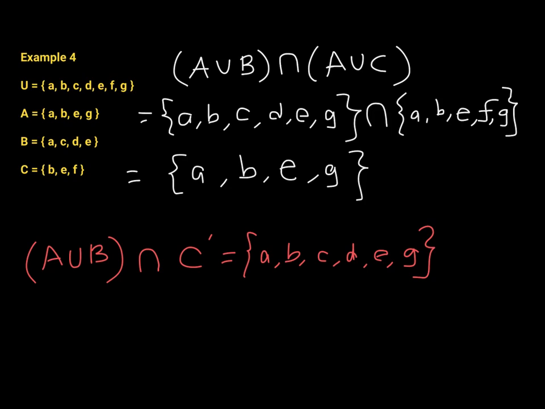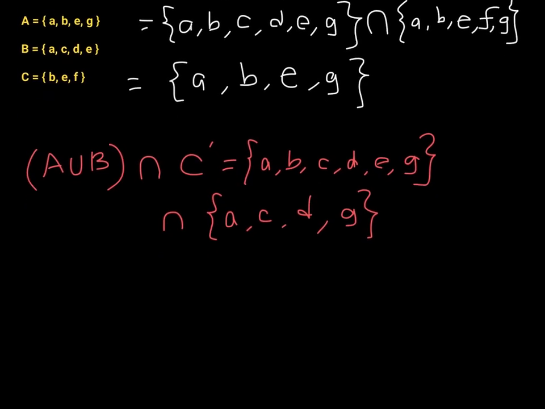Now it's the intersection of this set and the complement of C. Now the complement of set C will be any and all of the elements that are in the universal set but that are not in set C. So I'm going to look at the universal set now and go through and find out which of these elements are not in set C. So A makes it into the complement of C. C, D, and G make it into the complement of set C. So then the intersection of these two sets will just be those elements that are in both.